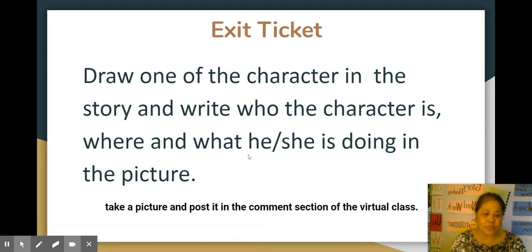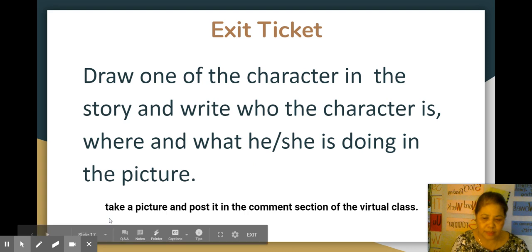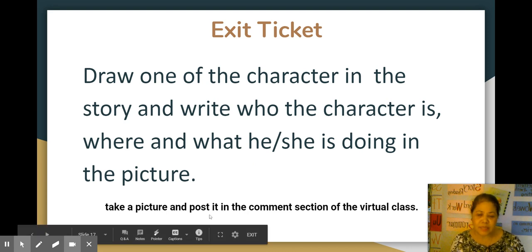Okay, so choose one character in the story to draw, and then make sure you write who that character is, and then also note down where the character is and what that character is doing. Take a picture and post it in the comment section of our virtual class. Okay?